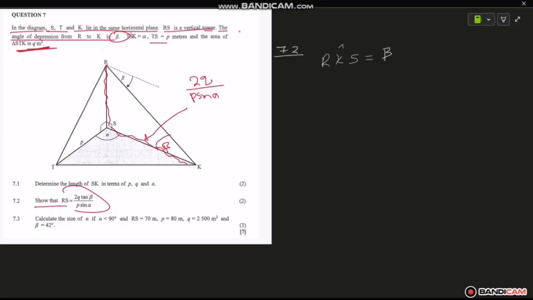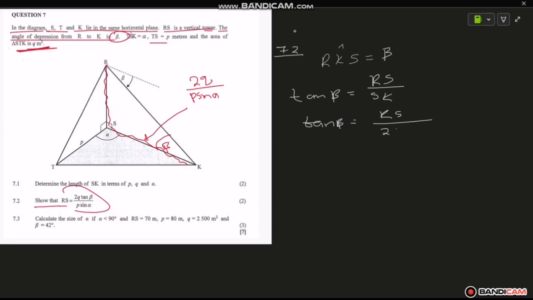The relationship that beta has when we talk about RS and SK should be tan B equal to RS over SK. Then let's do the substitution. So tan B equal to RS over SK.